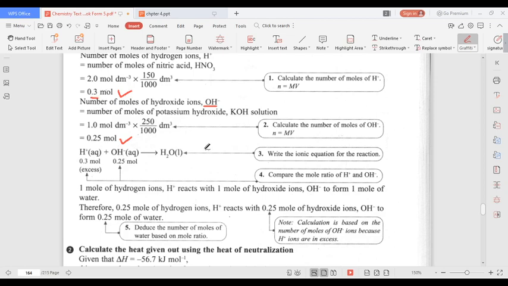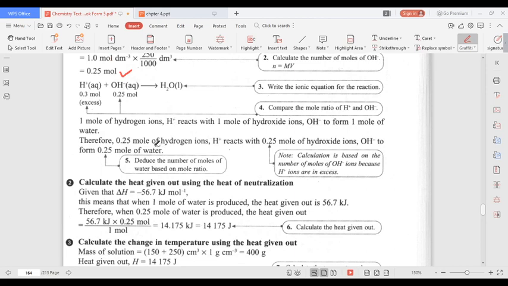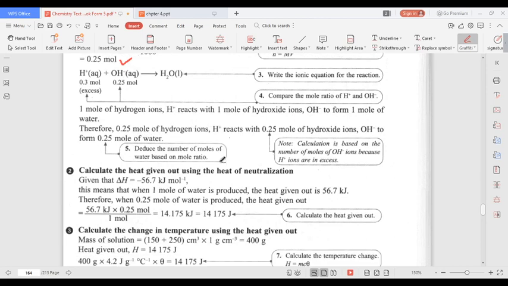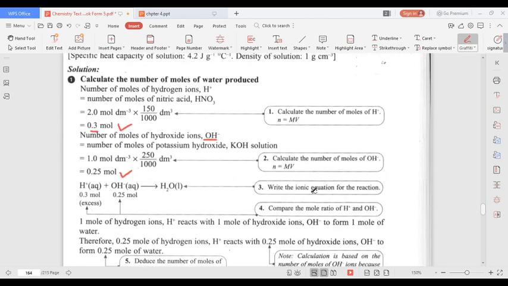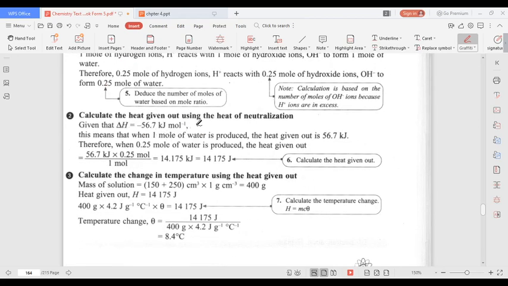Okay. Then you make the equation. So, you take 0.25. Okay, this is what Amma asked yesterday. So, this is the heat of neutralization here. So, neutralization is equal to 1 mole. So, if 0.25 mole, how much is 0.25 mole? So, 0.25 mole times with the heat of neutralization divide with the 1 mole. So, you got the heat given out in joule.